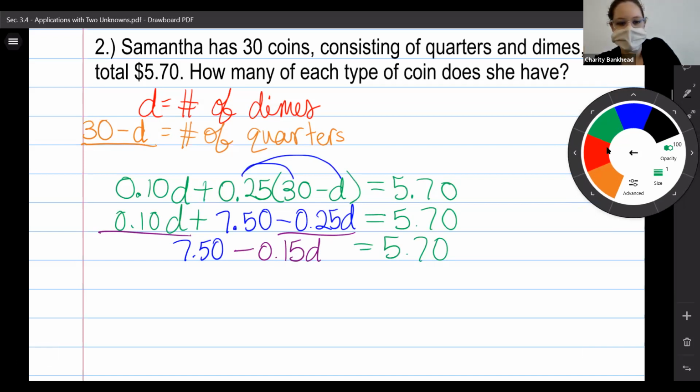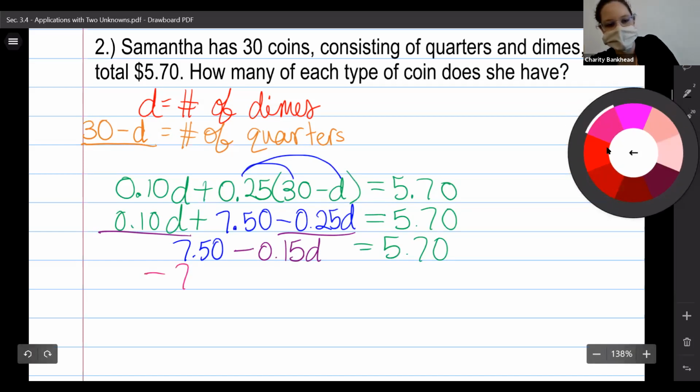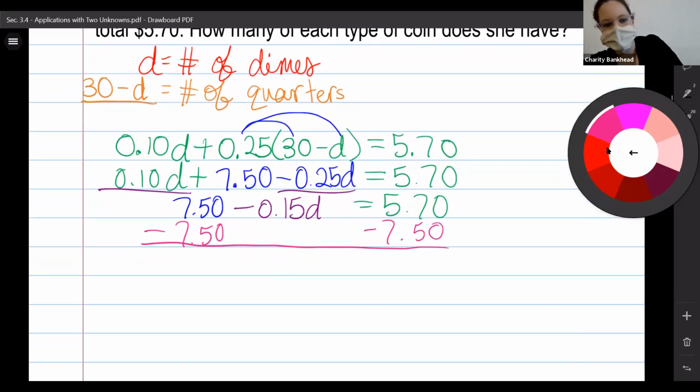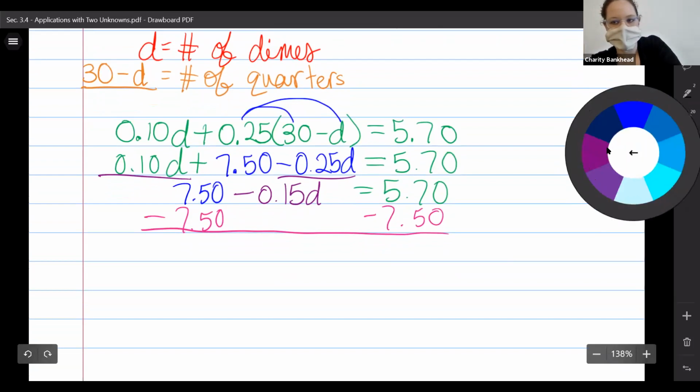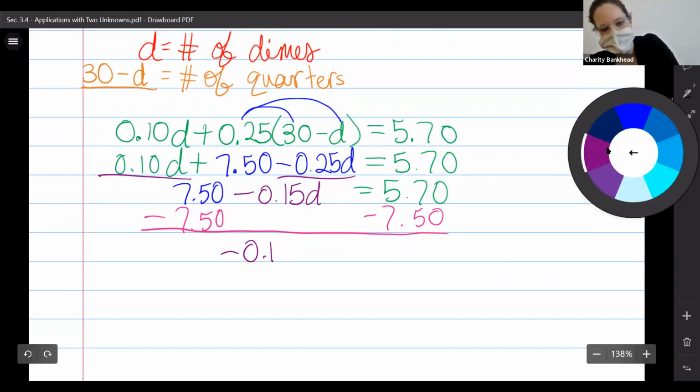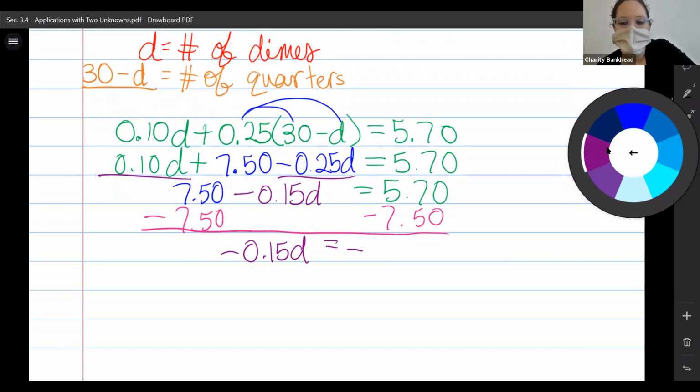And then I need to subtract 7.50 from both sides. So negative 0.15D equals negative, so it would be, I need to subtract really 7.50 minus 5.70.